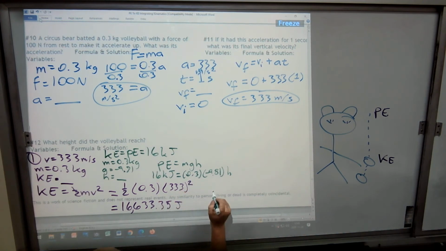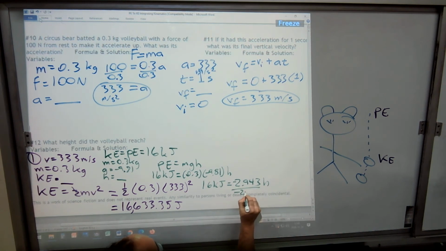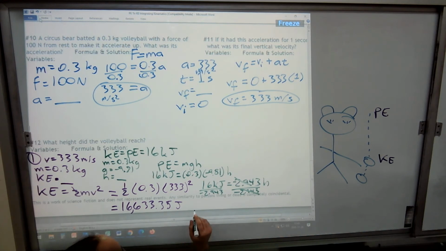So I've got to multiply these. 0.3 times negative 9.81 is negative 2.943 h. And I divide both sides by that negative 2.943. And now I've got to divide those. It went 5,000 meters high. We're pretending like there's no gravity still.